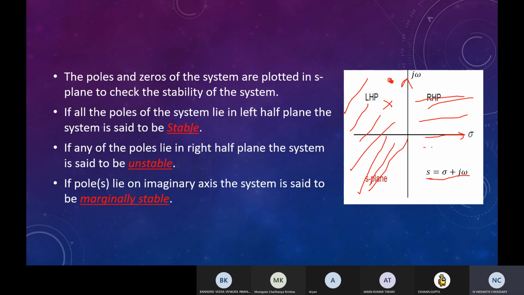If there is even a single pole in the right-hand plane, the system is unstable. And if a few poles lie exactly on the imaginary j omega axis, the system is said to be marginally stable. This is how we see whether a system is stable or unstable from its transfer function.